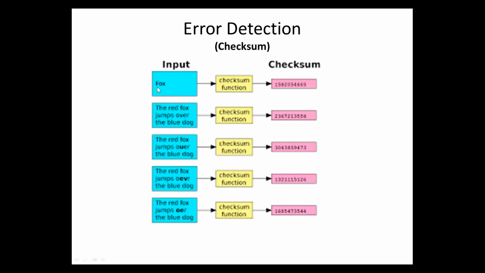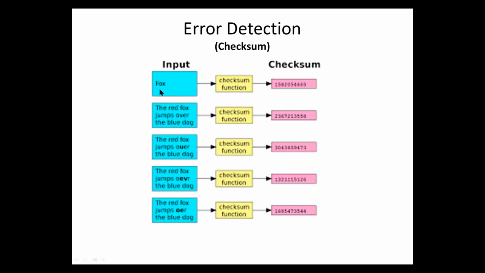And what that is, where the sender sends a character or a word like FOX. And let's say this is ASCII, which is one of the standard codes for digital character representation. And the sending system will add the ASCII value of all 3 figures, call that a checksum.